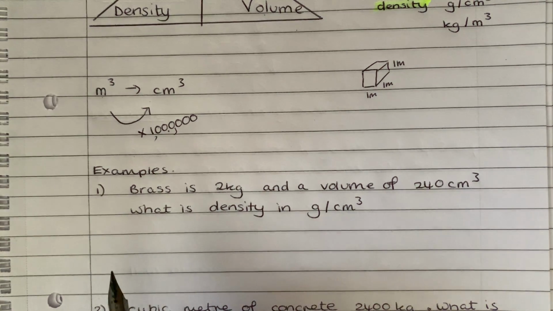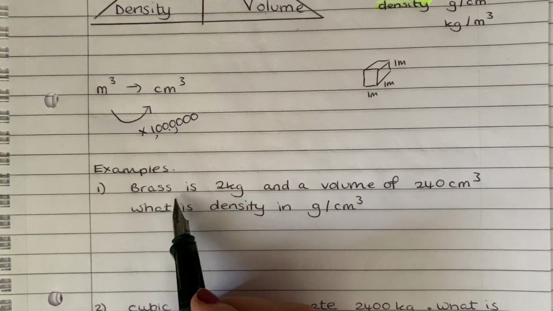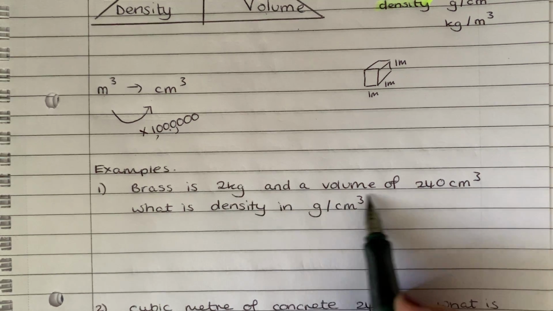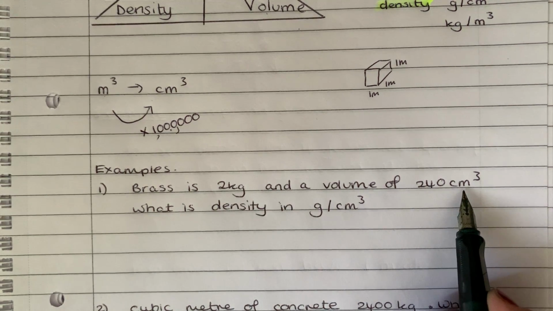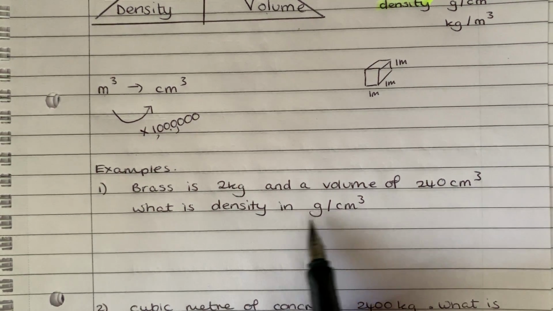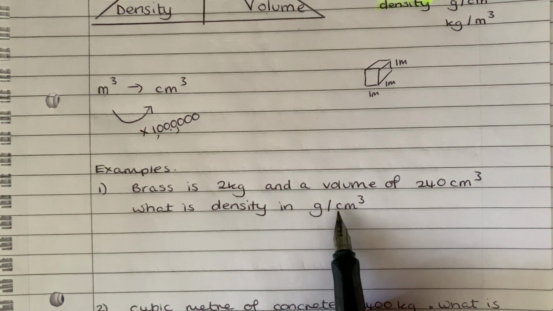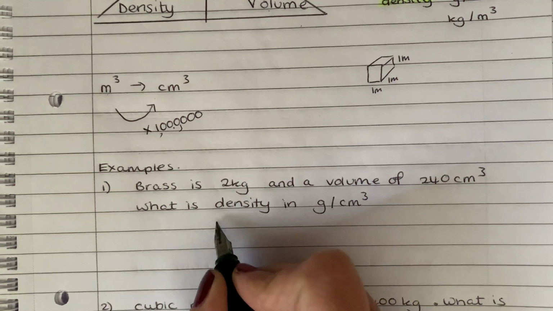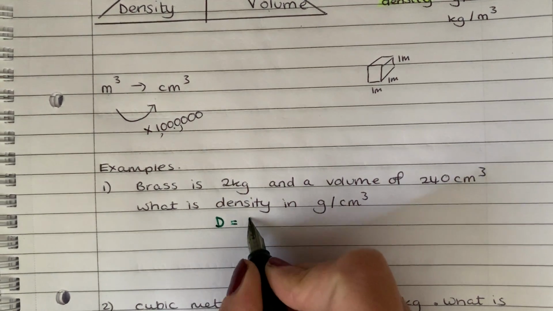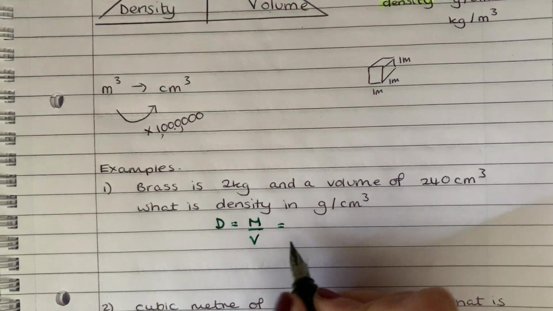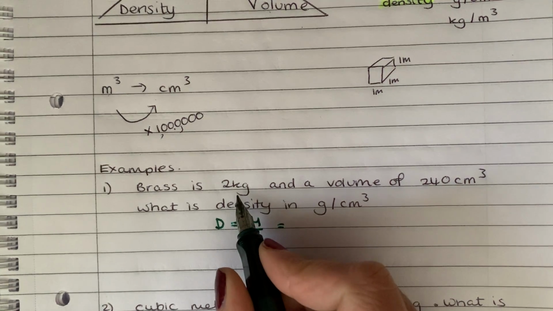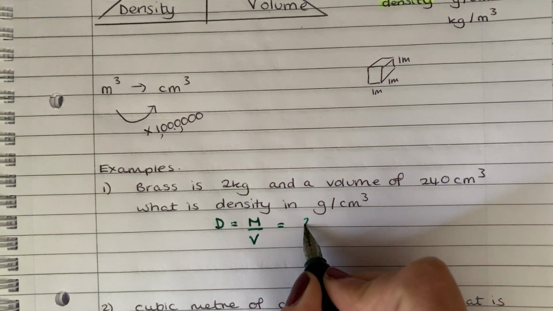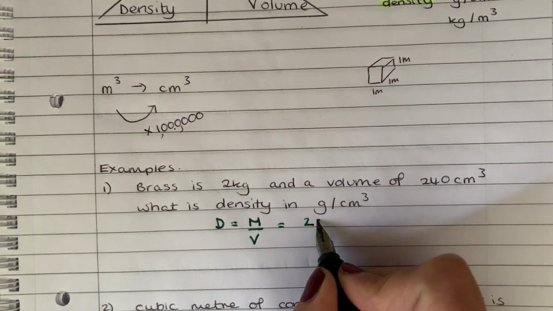The first one: brass has a mass of 2 kilograms and a volume of 240 centimetre cubed. What's the density? I want the answer in grams per centimetre cubed. We know that density is mass over volume. The mass I want in grams, so 2 kilograms is 2,000 grams.